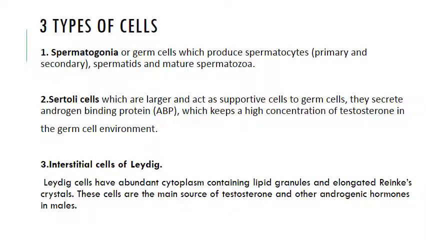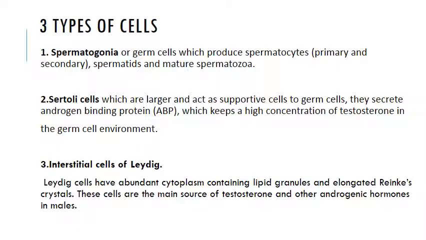So to sum up, there are mainly three types of cells. One is the spermatogonia or the germ cells, which produce spermatocytes, spermatids and mature spermatozoa. The Sertoli cells, which are large and act as supportive cells to the germinal cells.